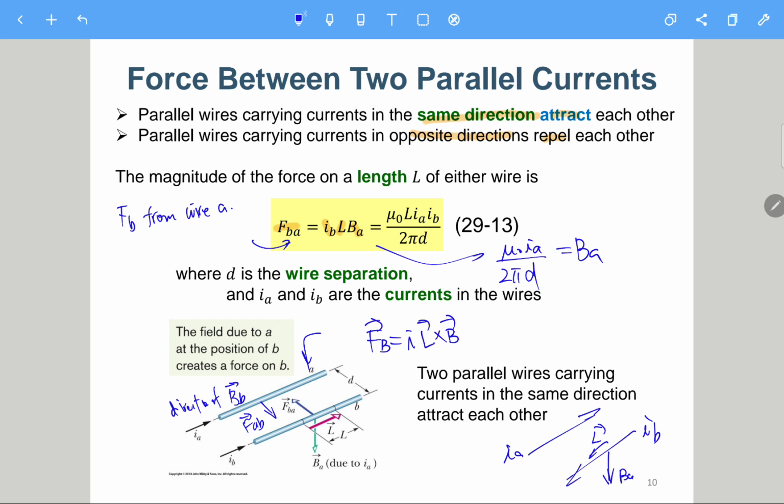So in this case, L cross BA, FBA will point to the opposite side, and so will FAB. So in this case, if the currents are in opposite directions, then the wires will repel each other. So this is the second conclusion here. And of course, the force will still be like this. The magnitude will still be like this.